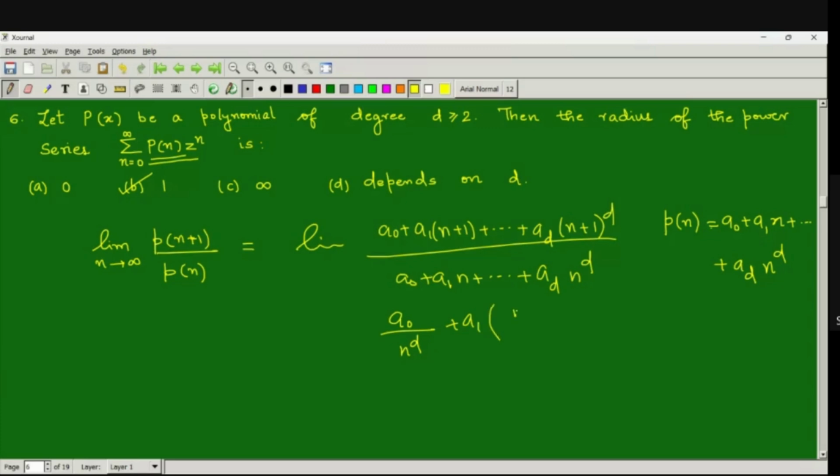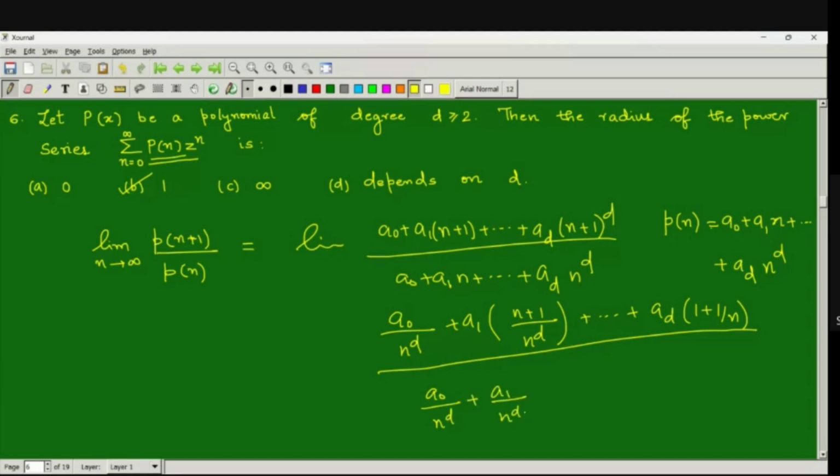The numerator becomes a_d into 1 plus 1 by n power d, and the denominator is again similar. As n tends to infinity, the numerator goes to a_d and the denominator also goes to a_d. So the limit is 1. This is how we calculate the radius of convergence. Got it?